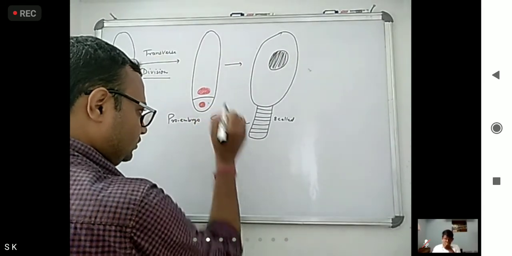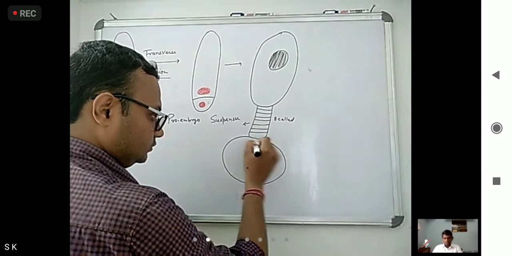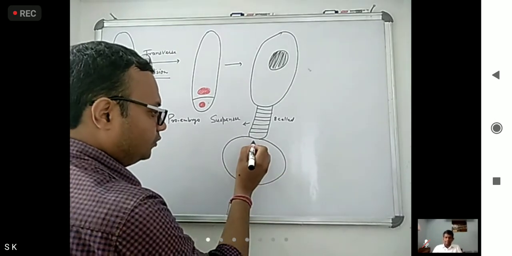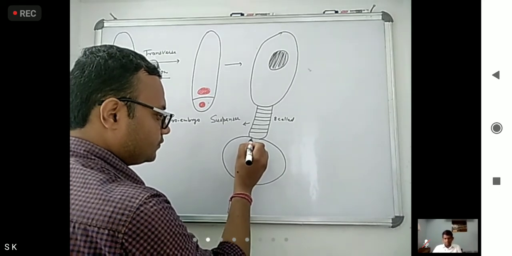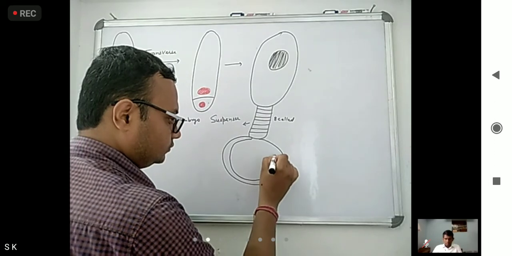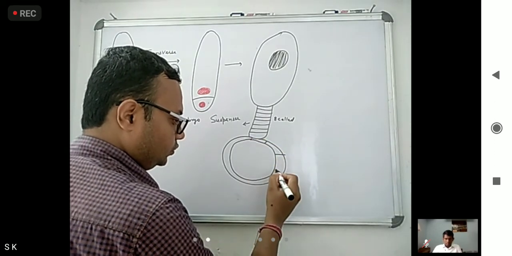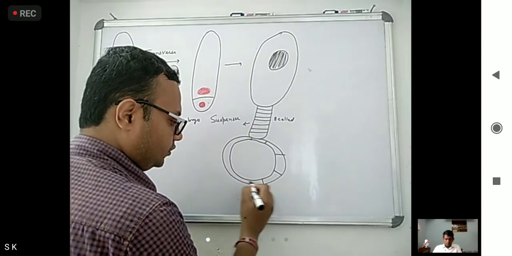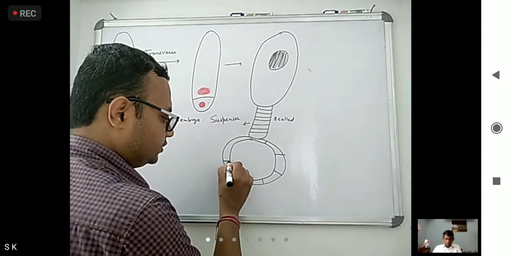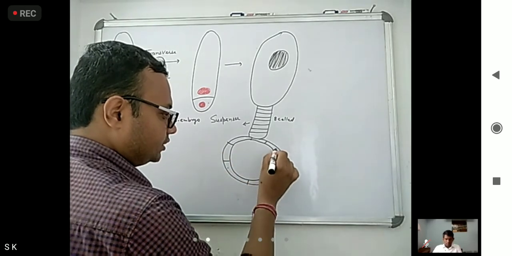And the lower one, this one, they are forming outer 8 celled. 1, 2, 3, 4, 5, 6, 7, and 8.